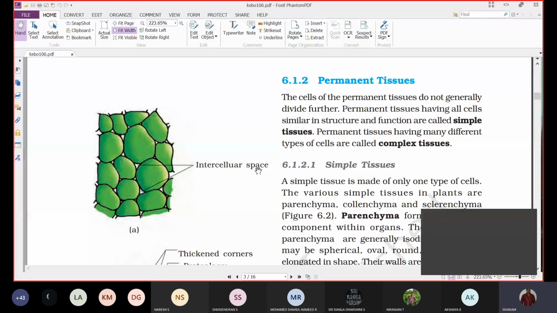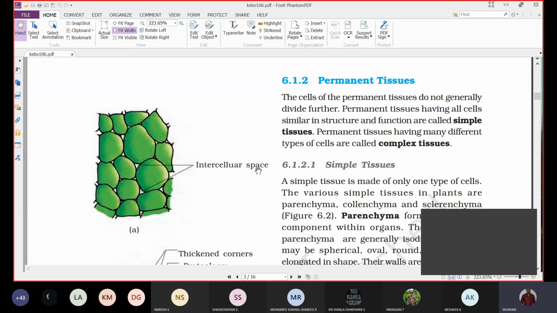And next, when you observe the permanent tissues, the permanent tissues are again primarily divided into two types: simple permanent tissue and complex permanent tissue.